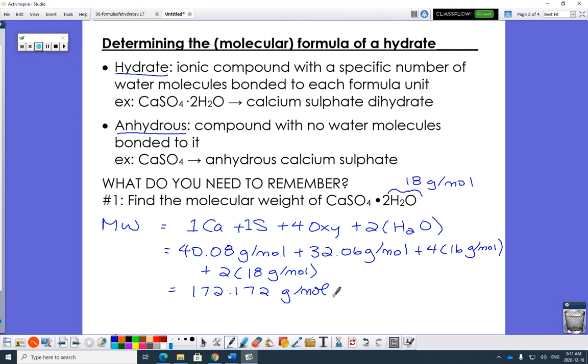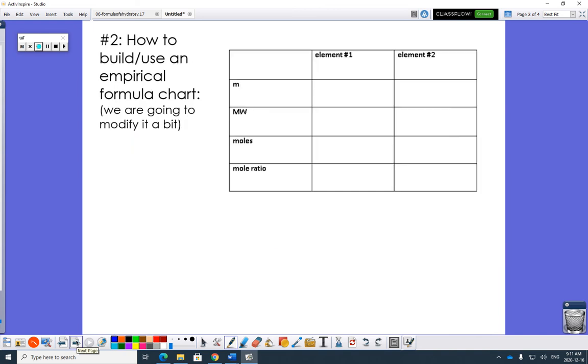But so on the next slide, it says we're going to use a modified empirical formula chart. So normally you have however many elements, right? And then you have moles or mass. This is usually given.